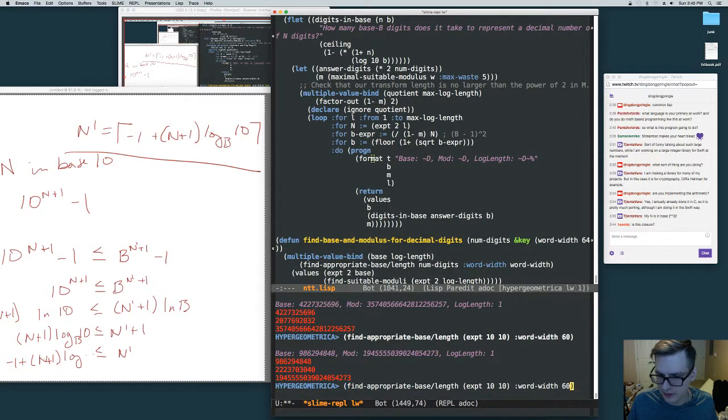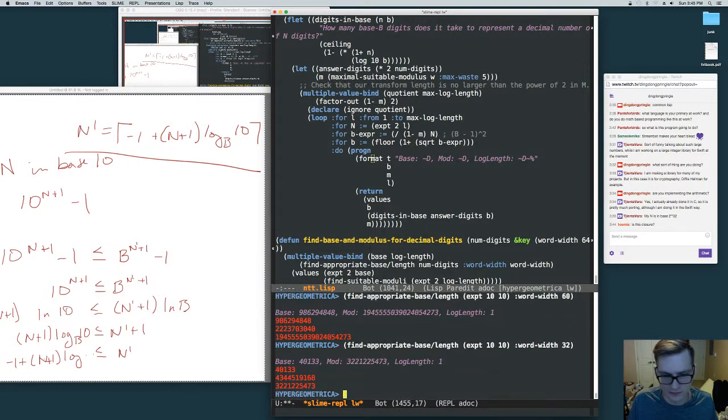If we were on a little old 32-bit platform, if we only had 32 bits to work with, then our base would have to be 40,000. The number of terms we'd have to compute would be 4 billion, I think. Let's see, 1,000 million, 4 billion, which I think exceeds the number of elements you can even address.